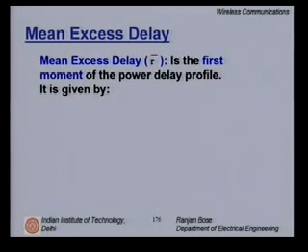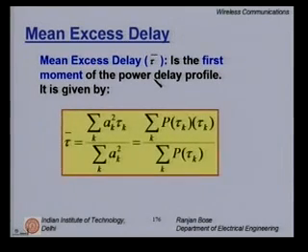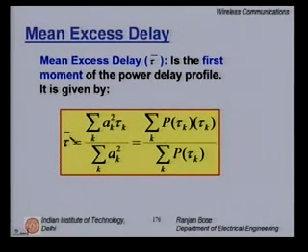So if you recall, the mean excess delay represented by tau bar is the first moment of the power delay profile. It is given by the following formula: tau bar is equal to summation a subscript k whole squared tau k divided by summation over k a subscript k squared.